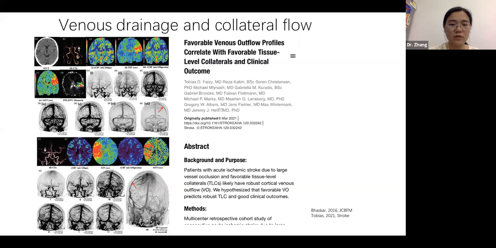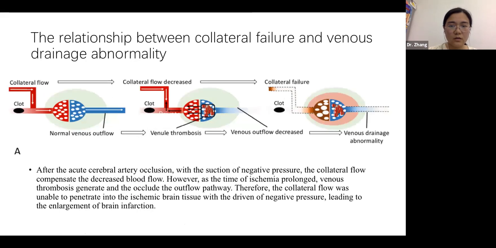There are many ways to observe collaterals, such as CTP, CTA, or the gold standard, DSA. So how does collateral status correlate with venous drainage abnormality?